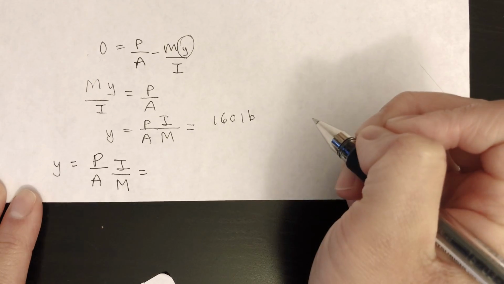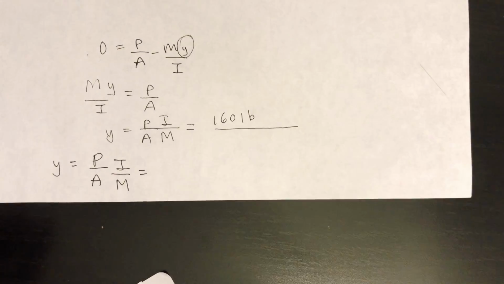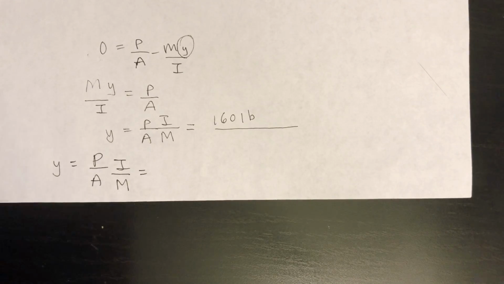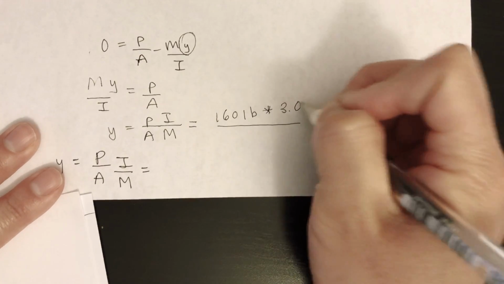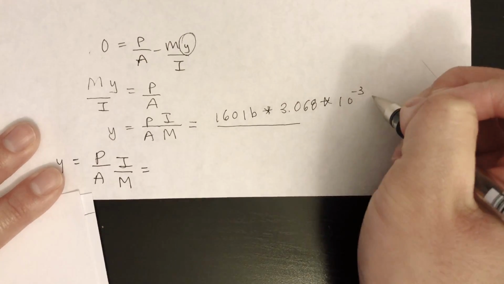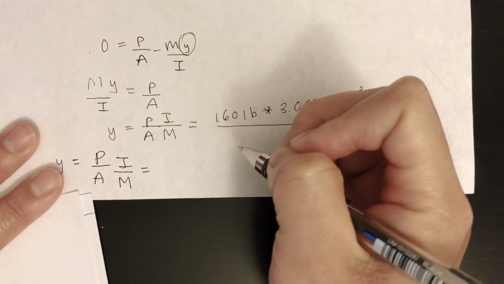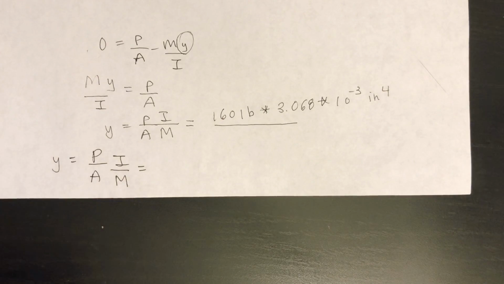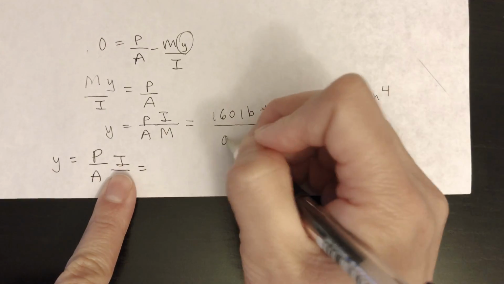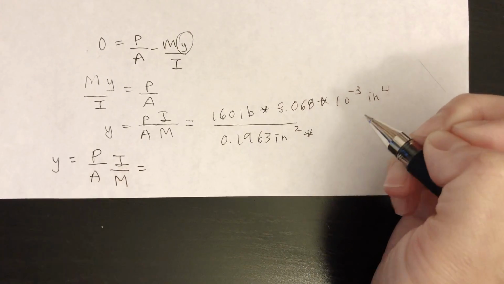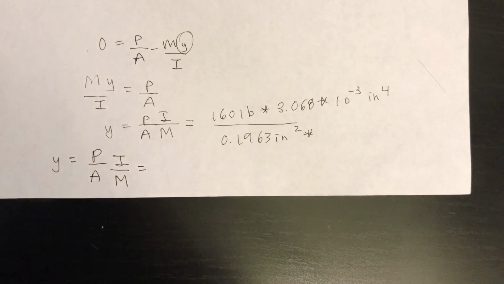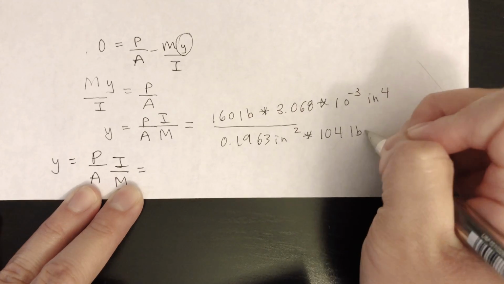160 pounds times 3.068 times 10 to the negative third inch to the fourth over area. Area is 0.1963 inch squared times moment, 104 pound-inch.